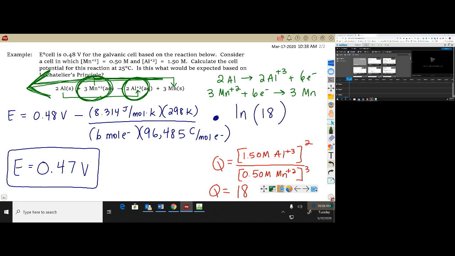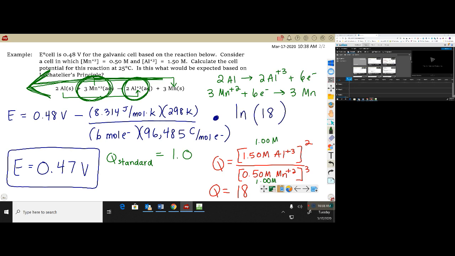In a standard cell, Q standard will always be 1. If this were a standard cell, then all solutions are 1 molar. So standard would have this as a 1 molar solution, and this would be a 1 molar solution.